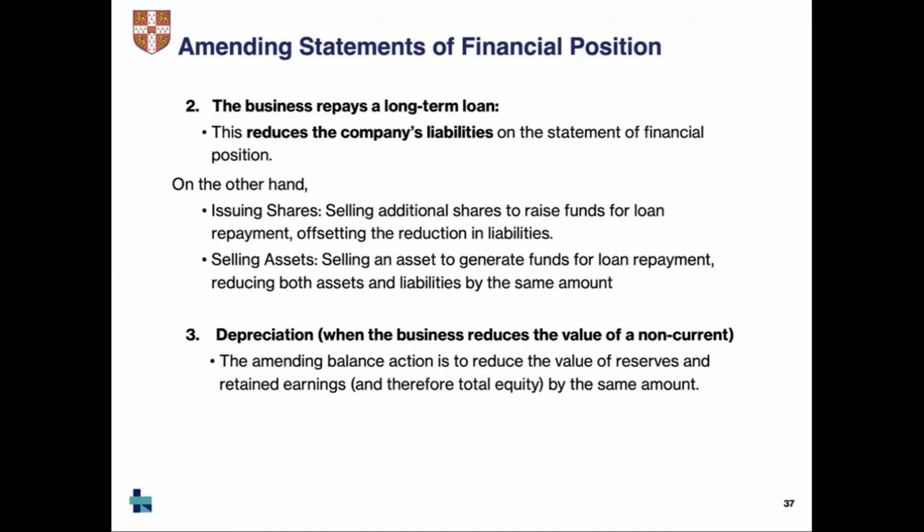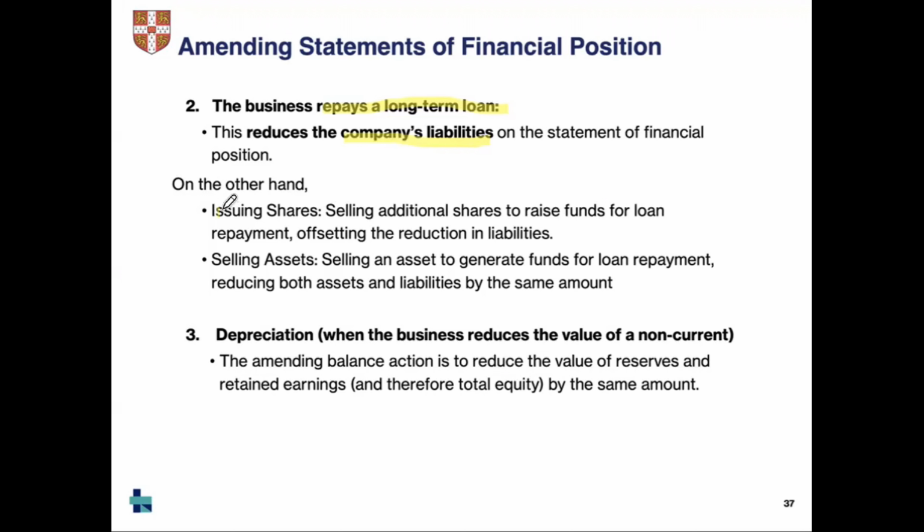Let's look at the second example. If the business repays a long-term loan, it reduces the company's liabilities. So our non-current liabilities, which is our long-term loan, is going to reduce. What is the knock-on effect? What is the other effect that it will have? How did it pay that long-term loan?